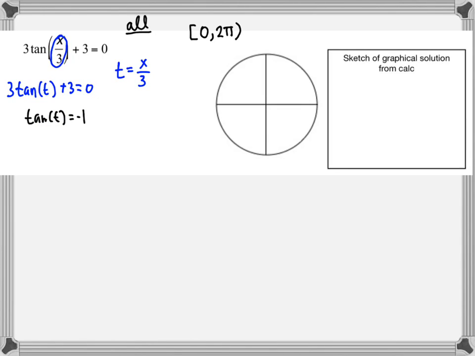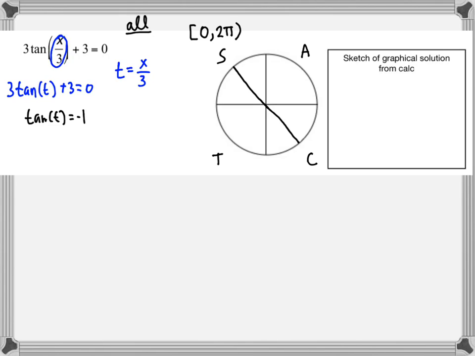Okay, so if I take the tangent of a particular angle, where is it going to give me a -1? So we're looking where tangent is -1. And we know that it is going to be a 45-degree angle. It's going to be negative in the second quadrant and in the fourth quadrant.